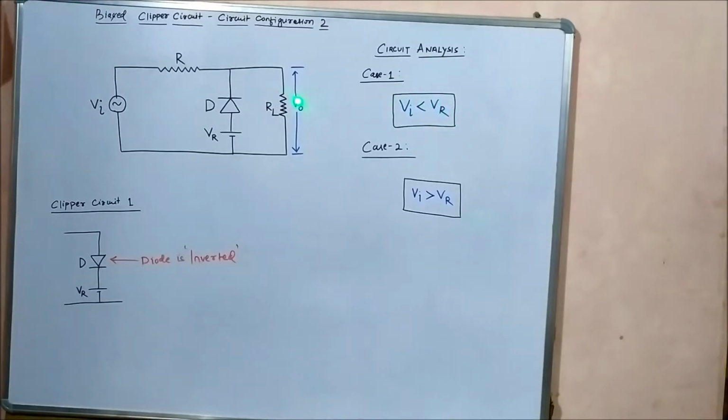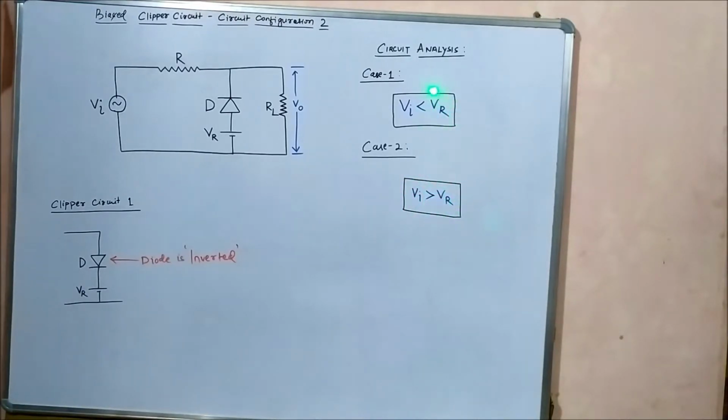So we will study the output voltage behavior when the input voltage is lesser than the biasing or reference voltage, and see how the output changes with respect to change in the input signal voltage. In the second case, we will analyze the circuit when the input voltage is greater than the reference or biasing voltage.